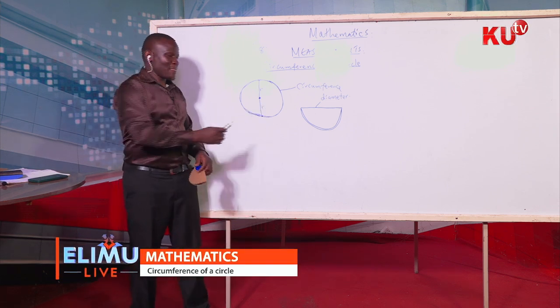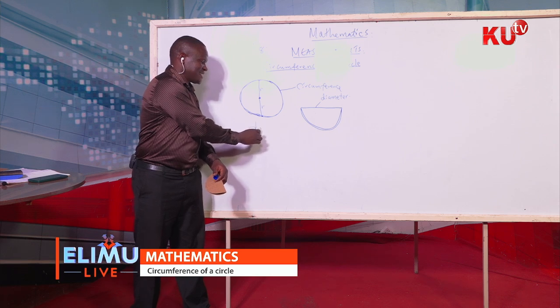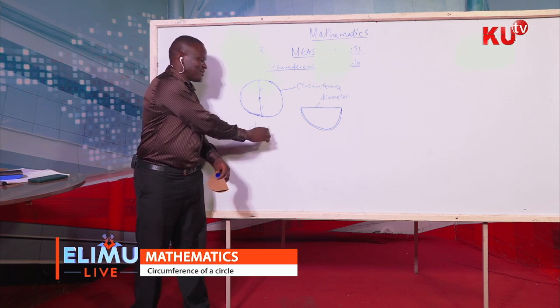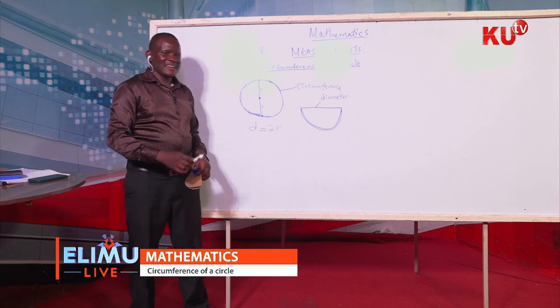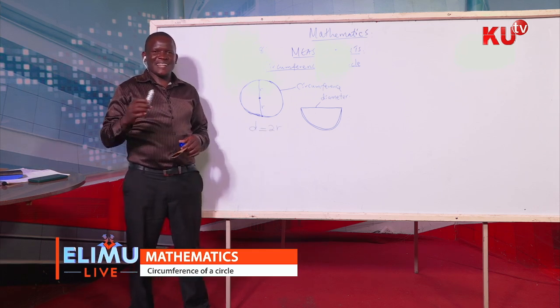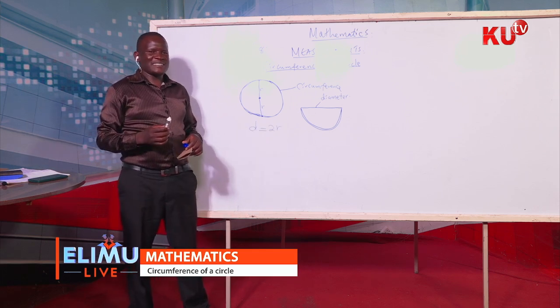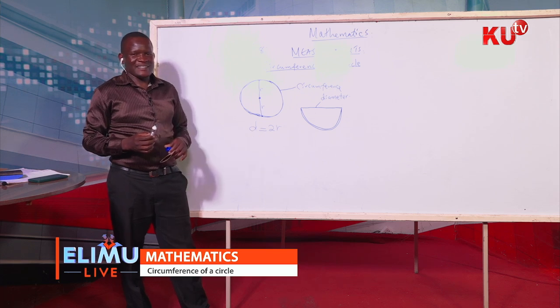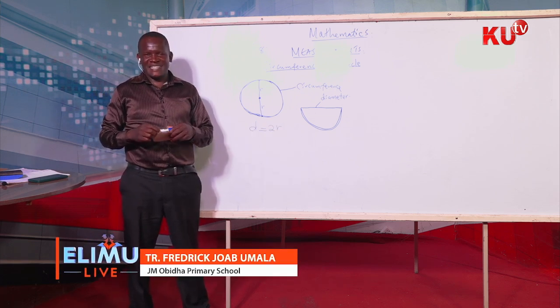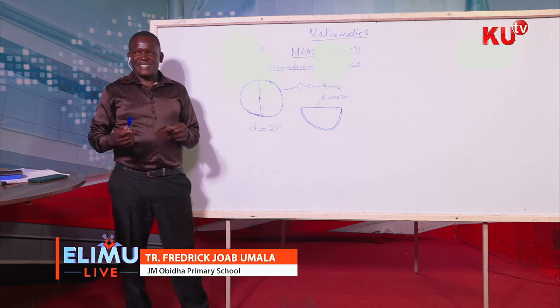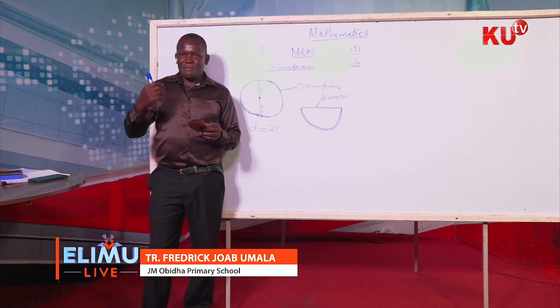And therefore, diameter is equal to r plus r, or 2r, where r is our radius. Two radii will give us a diameter.